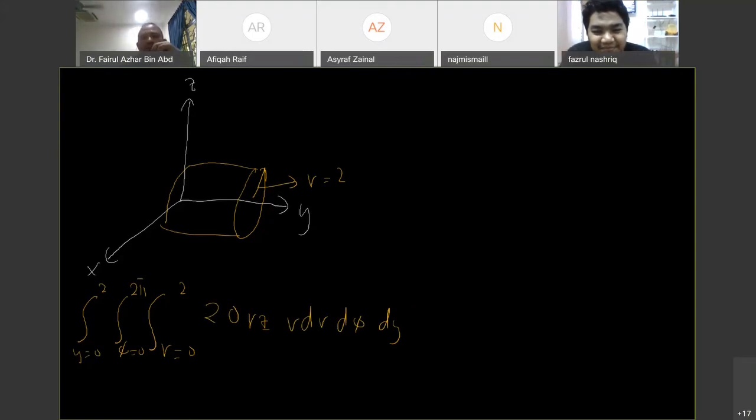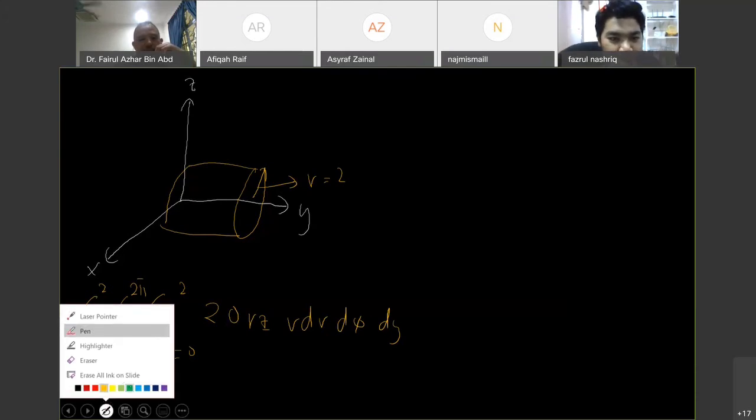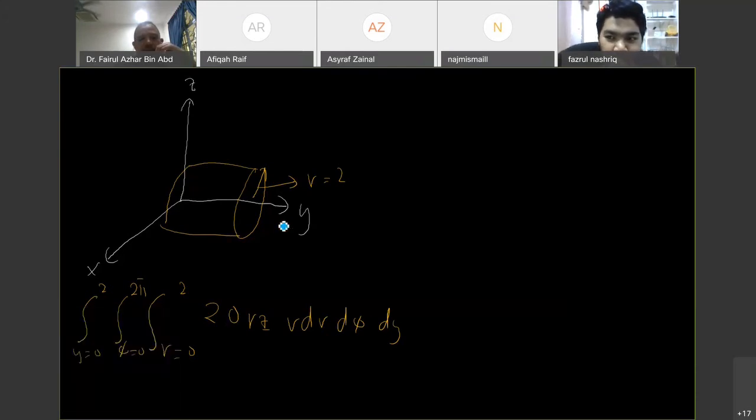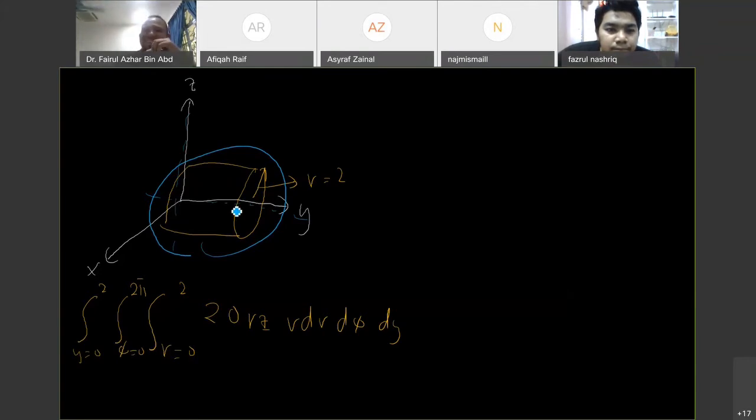However, in most cases when we deal with a cylinder, normally the center of the cylinder lies on the z-axis, not on the y-axis. This is quite a rare case; I didn't see it before. But don't worry.